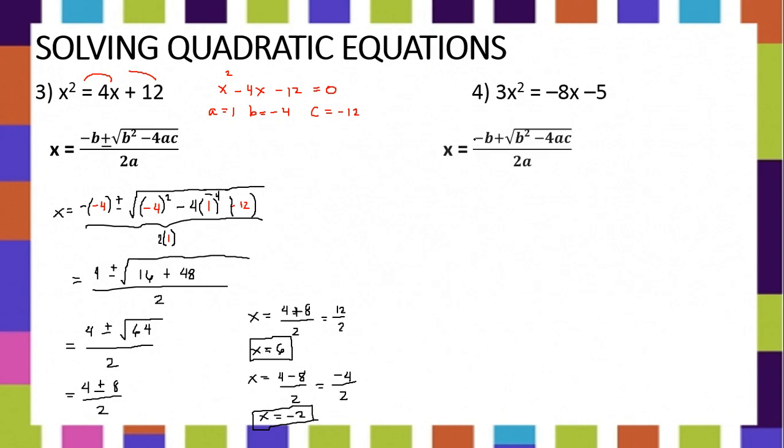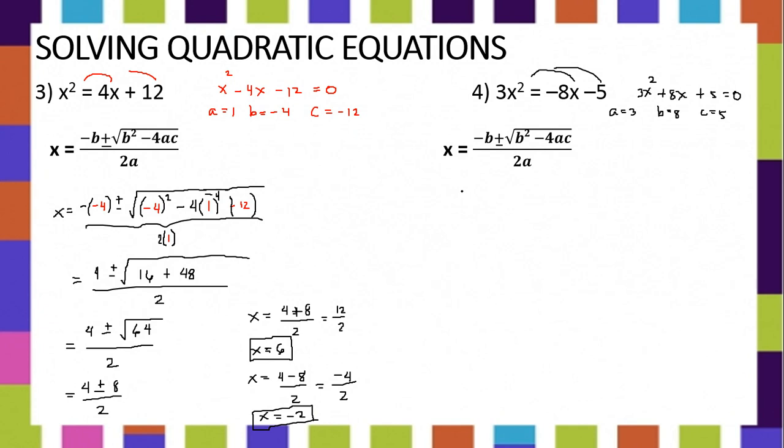Next, number 4. Gamitin natin ulit yung quadratic formula. I-arrange muna natin. Pag in-arrange natin to magiging 3x squared, ililipat natin to magiging positive 8x, ilalapit natin yung 5, magiging positive 5 is equal to 0. Okay? So, yung a natin is 3, ang b natin is equal to 8, ang c is equal to 5.